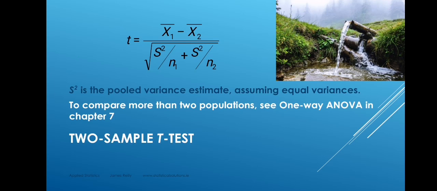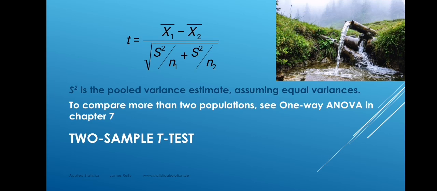And you will notice that s squared is used twice. We are assuming that the two populations have a common standard deviation. So we use a pooled variance estimate from all of the data to calculate that common standard deviation before proceeding with the test.